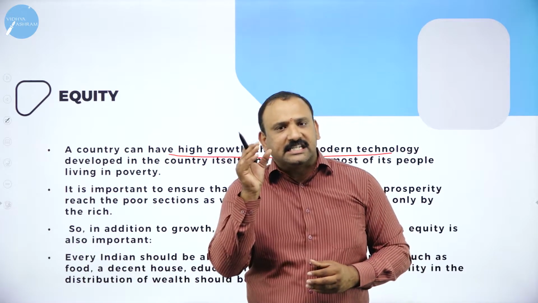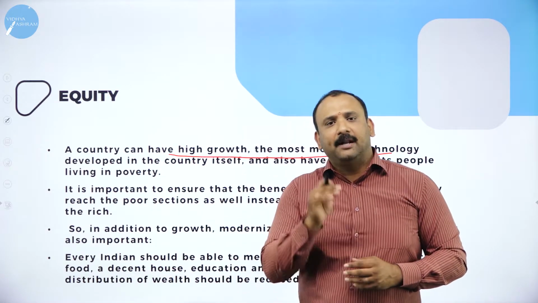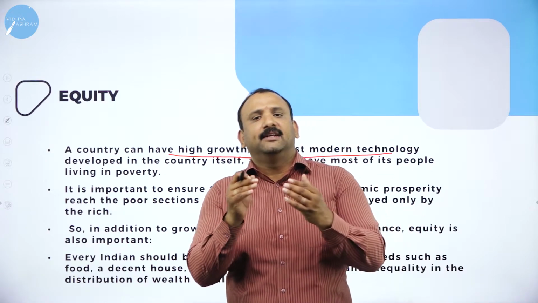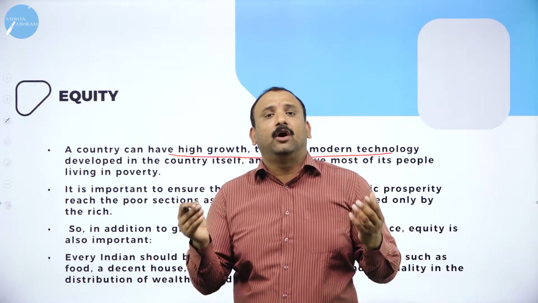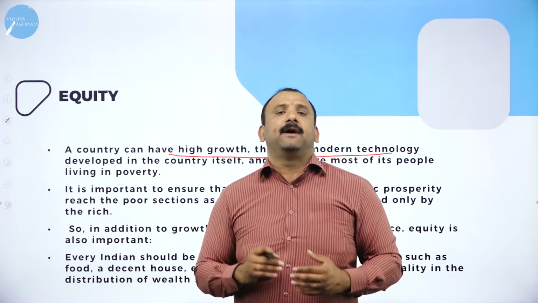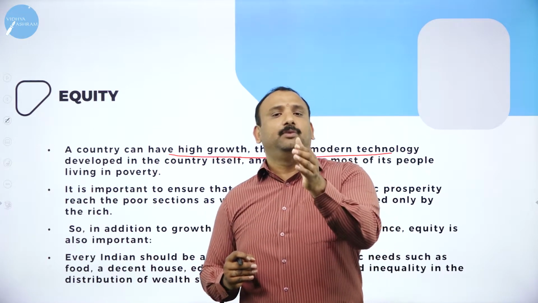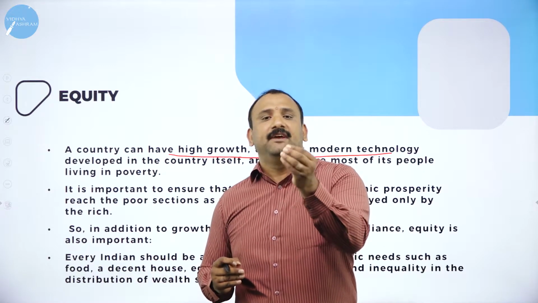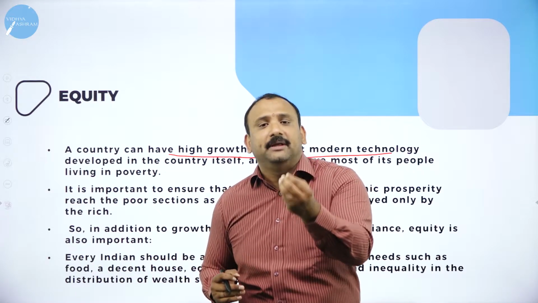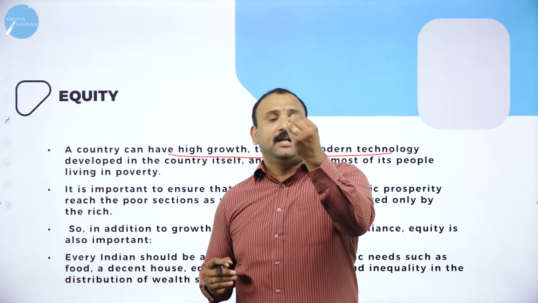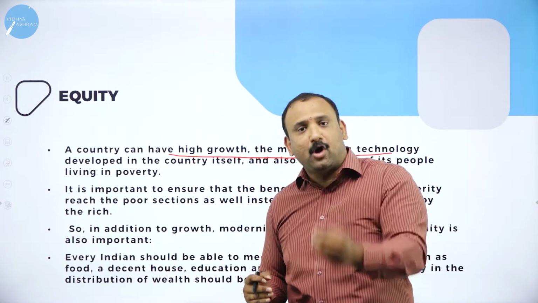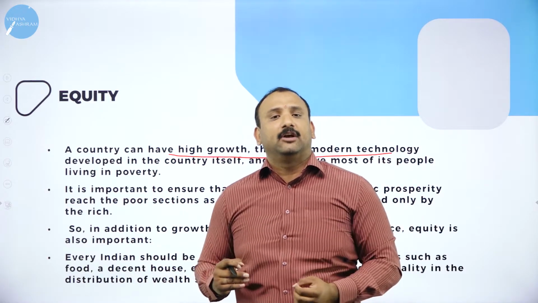So when only a selected group of people are being given importance and the others are being left out, then automatically it leads to disparity. So that is where equity comes into the picture, where we want every person to enjoy the benefits of the nation. That is why equity becomes a priority in terms of economic development.